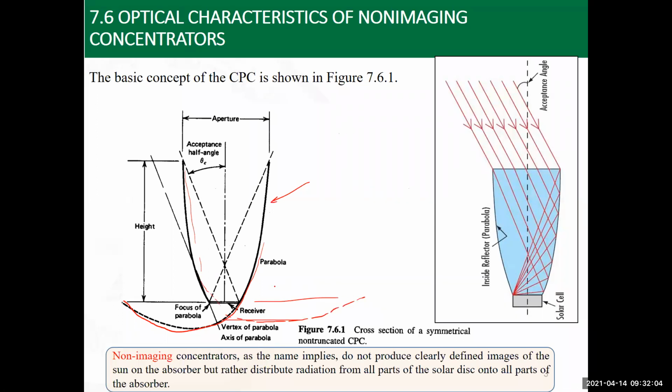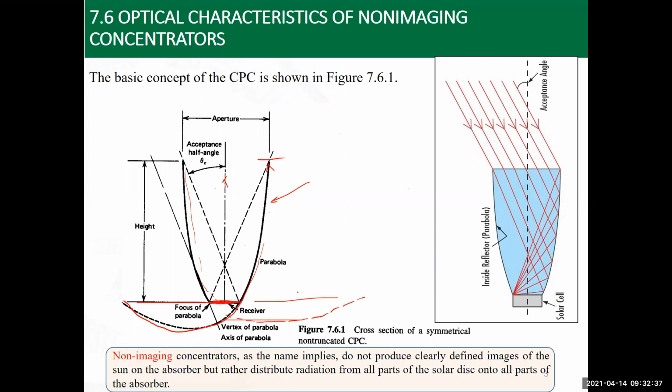We don't need all of that. We just need a piece of it here. You start from a certain point and you end where that part of the parabola is parallel to the axis. So what length of the parabola are we going to stop at? We're going to stop whenever the parabola gets closer to being parallel to this axis. And the second one this way. The rest is not needed, and you put your receiver here.